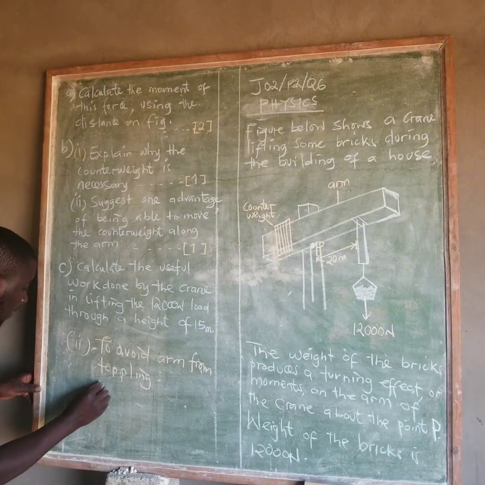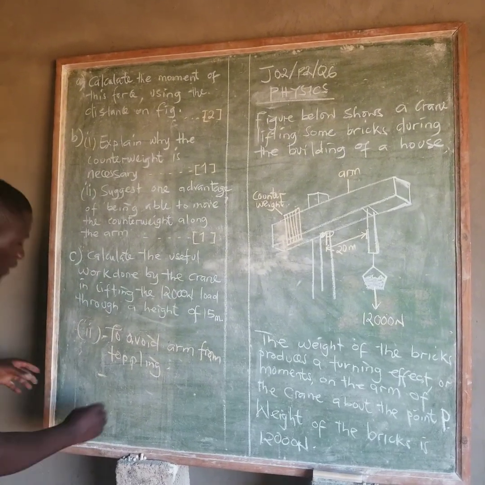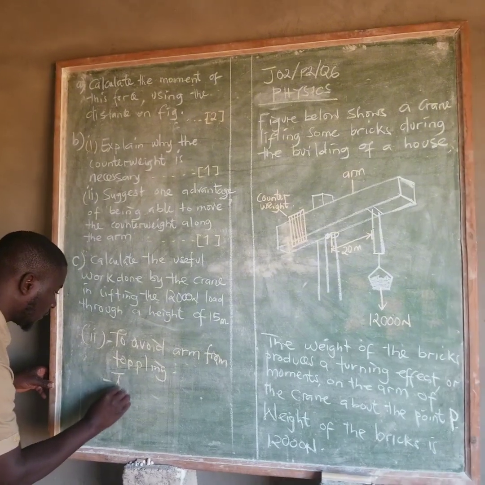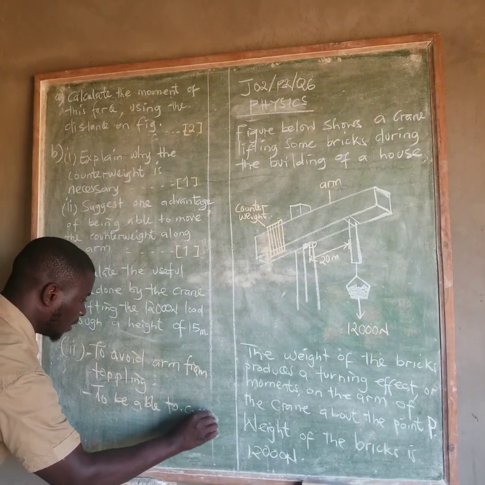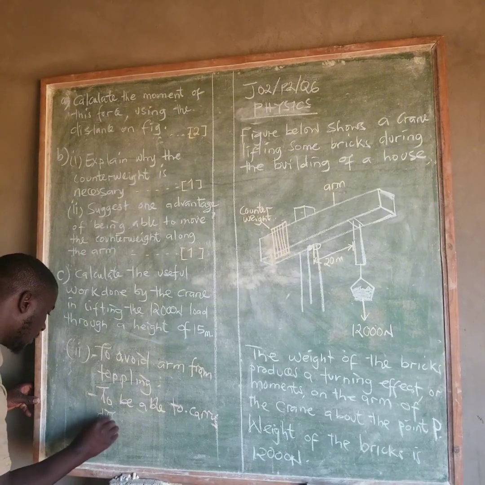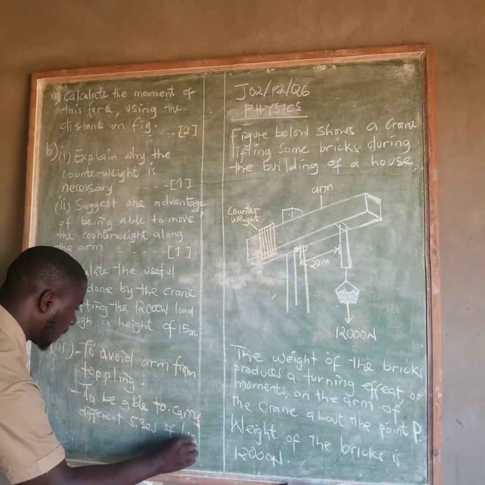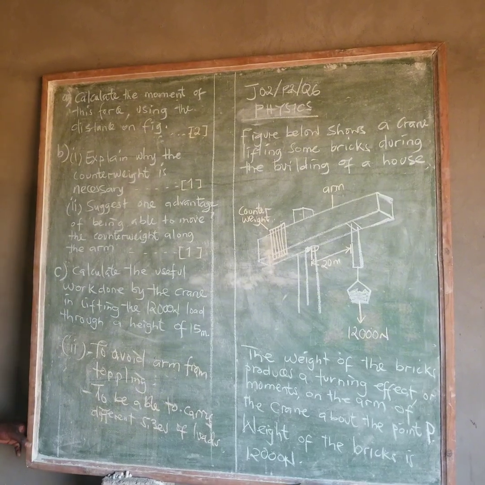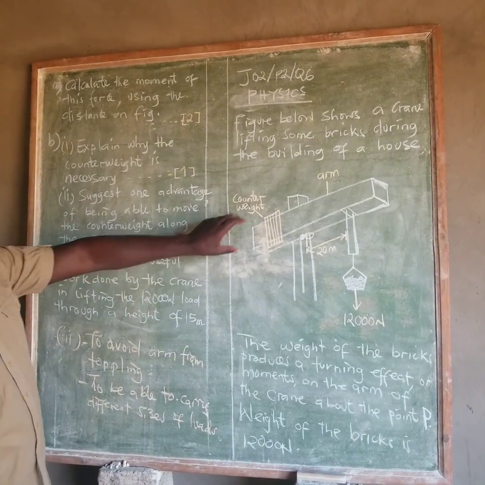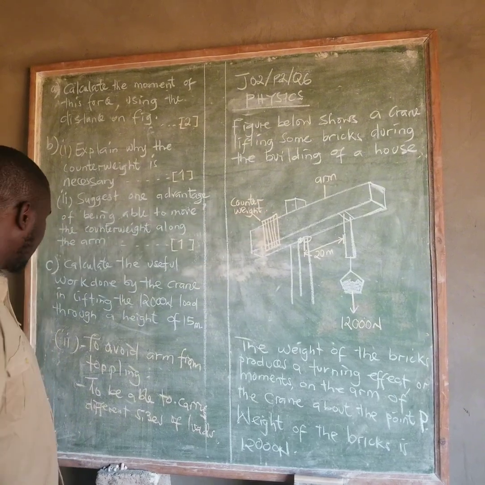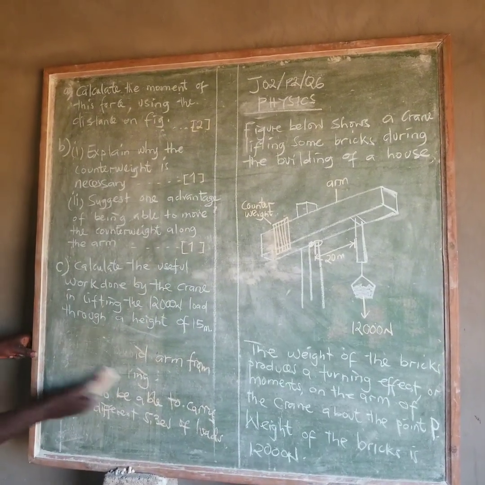Then 2, I can say to be able to carry different sizes of loads. Be able to carry different sizes of loads by simply moving the counterweight along the arm. Is that clear? So let's solve the last one.